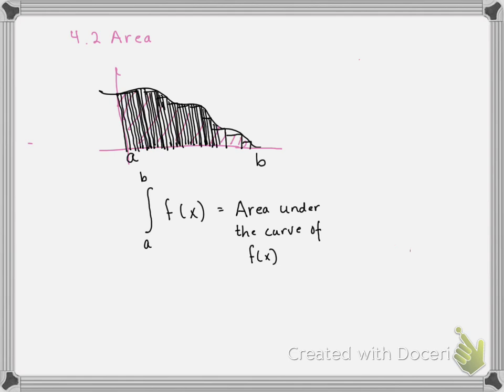Obviously, we could spend the rest of our lives finding the area of each one of these 1,000 rectangles and adding them all up together, and we would be able to get the area exactly of what's under that curve, as the number of rectangles under the curve approaches infinity. Okay, so you have an infinite number of rectangles.